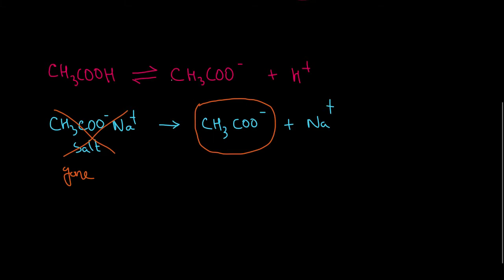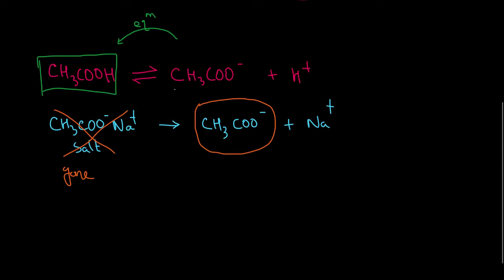As I already have such a high concentration of ethanoate ions, the equilibrium is going to shift to the left. So let me change the color. The equilibrium shifts to the left. So this acid here is not dissociating anymore because you already have such a high concentration of ethanoate ion.